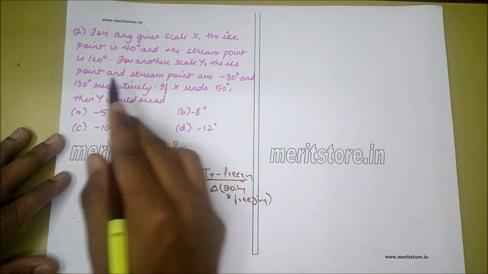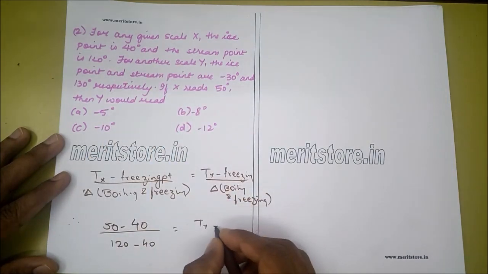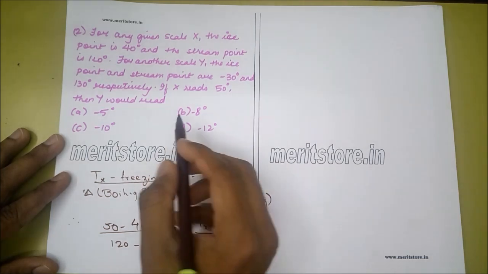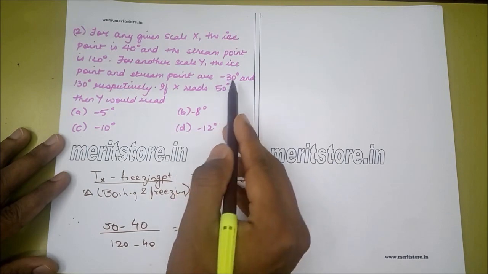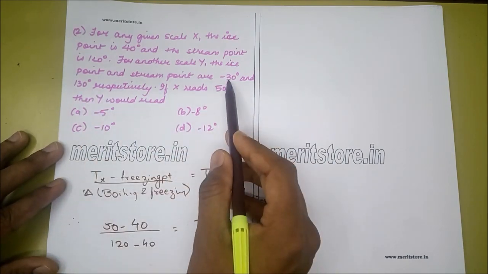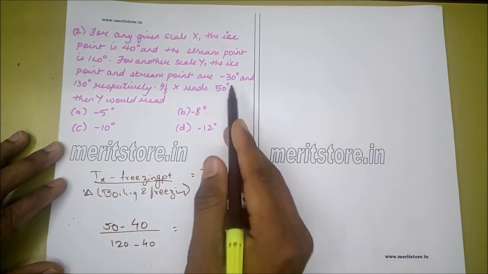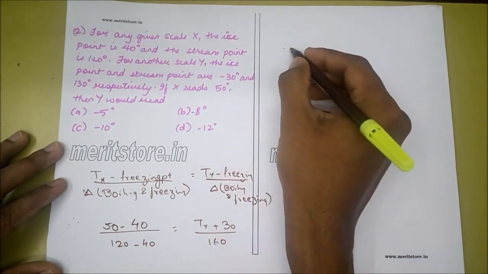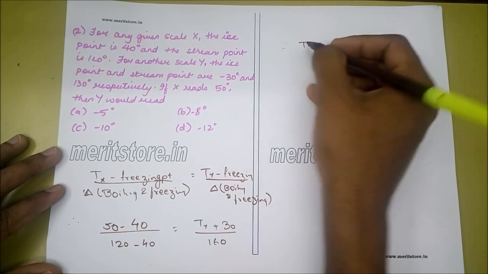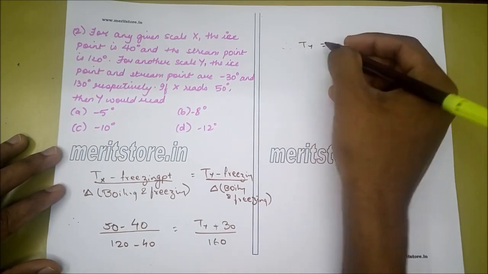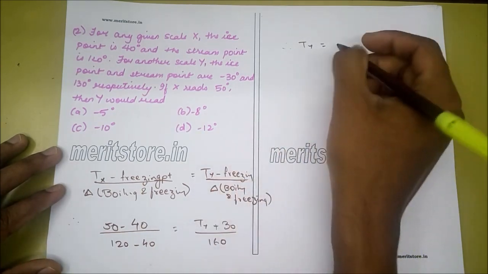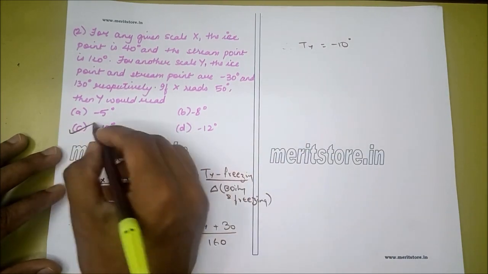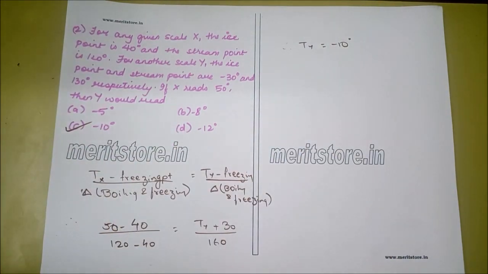For the other scale y, the ice point is minus 30, so minus of minus 30 becomes plus 30, upon the difference between the boiling and freezing point, which is 130 minus minus 30, so that becomes a total of 160. Solving this, we get the value of Ty as minus 10 degrees. So hence option C is the correct answer.